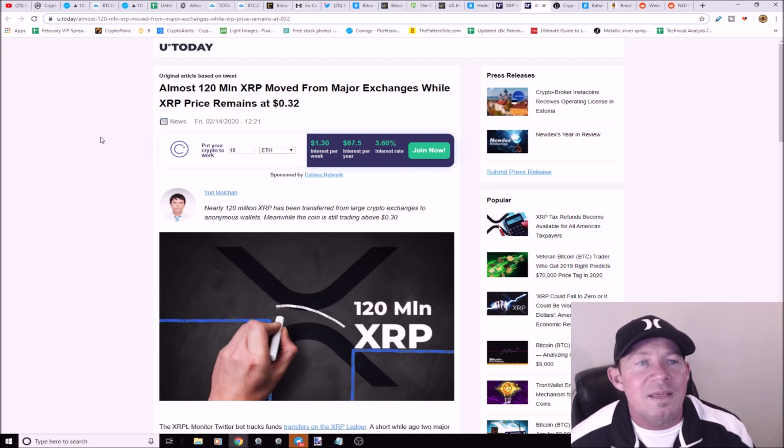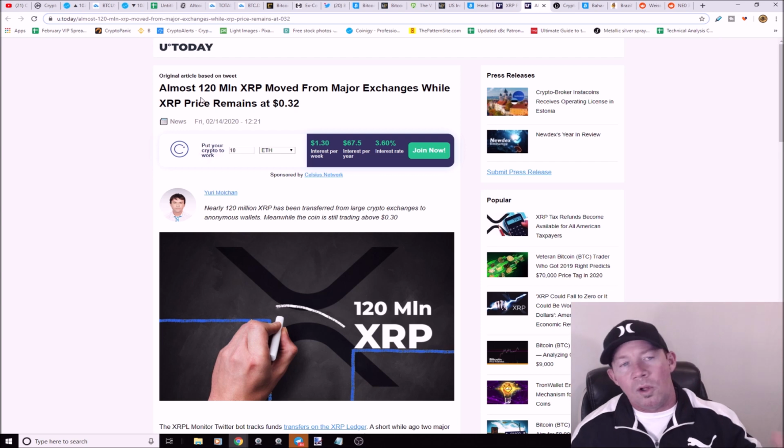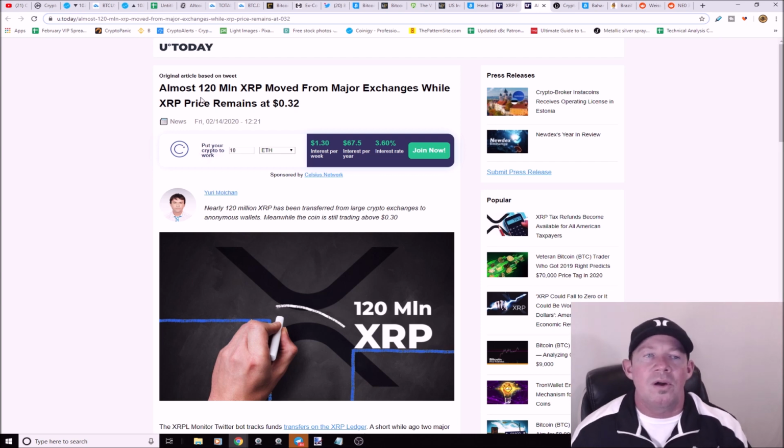Almost 120 million XRP moved from major exchanges while XRP price remains at 32 cents. Listen, this happens all the time. Unless you know whose wallets they are, you can't really put a whole lot of stock into these big moves. It is something to talk about, and potentially the whales and institutions do this on purpose just because, why? Because we talk about it.